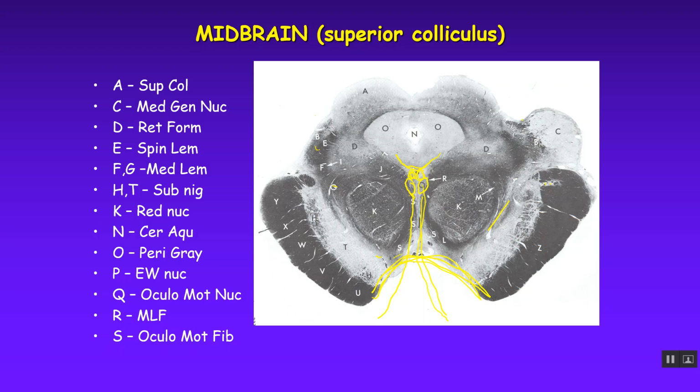MLF, the medial longitudinal fasciculus, this is where it starts, essentially. The MLF starts right here, and it's this tiny little structure here and here. It's in the middle of the brainstem, very midline in nature.